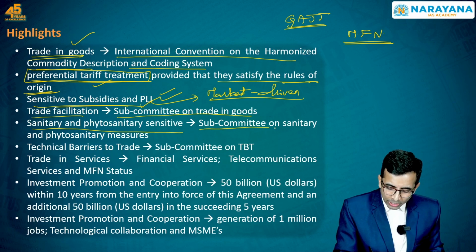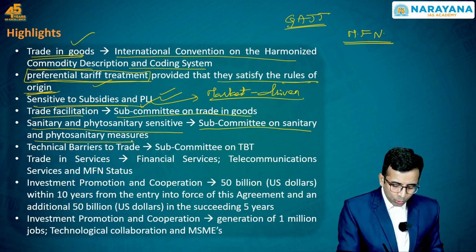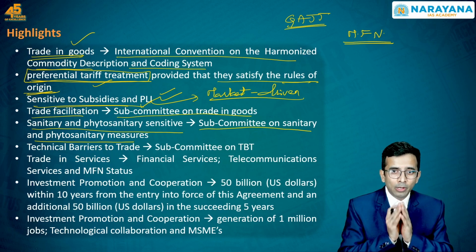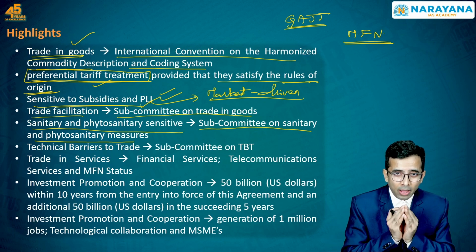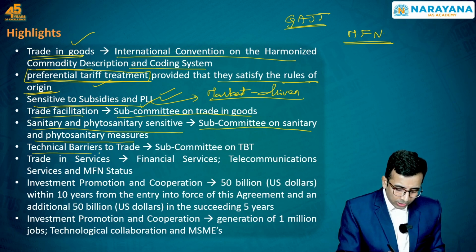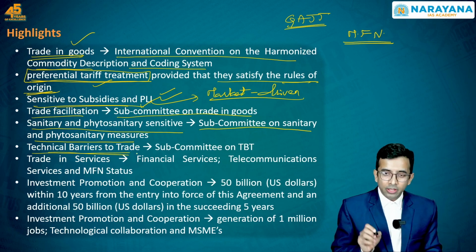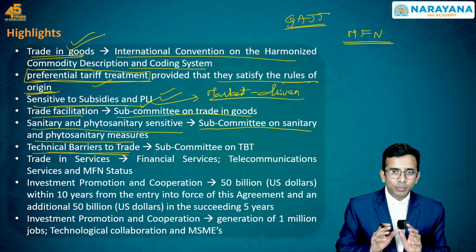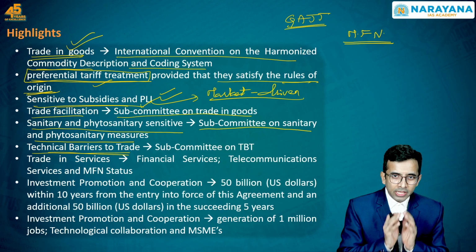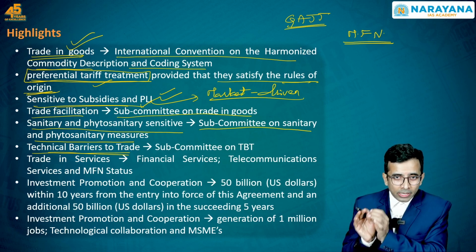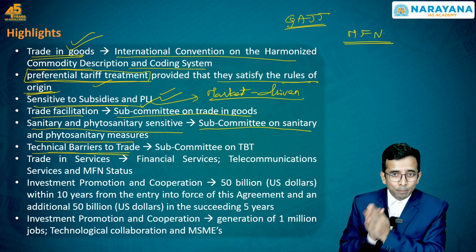And in order to make sure that this is implemented, you have a subcommittee on sanitary and phytosanitary measures which will look into it in a detailed manner. And as you see all these, there can be a possibility of technical barriers to trade. Whenever I am trading in goods, there has to be standardization, and the standardization in goods will be defined in terms of certain technical parameters, and these should not become barriers to trade.